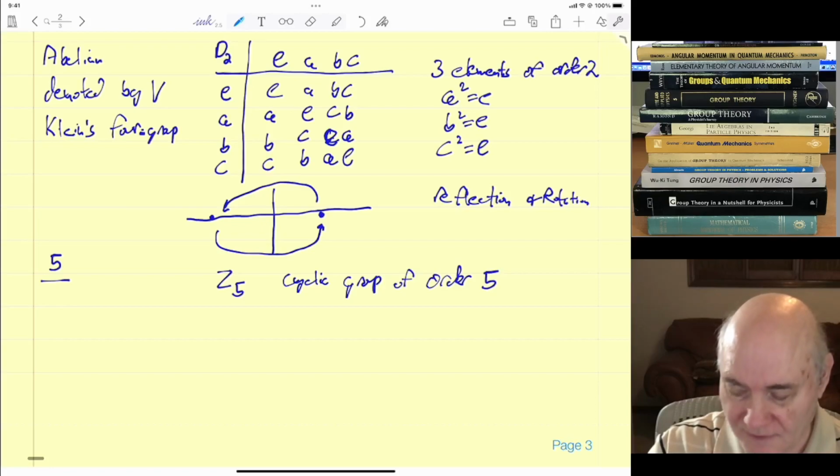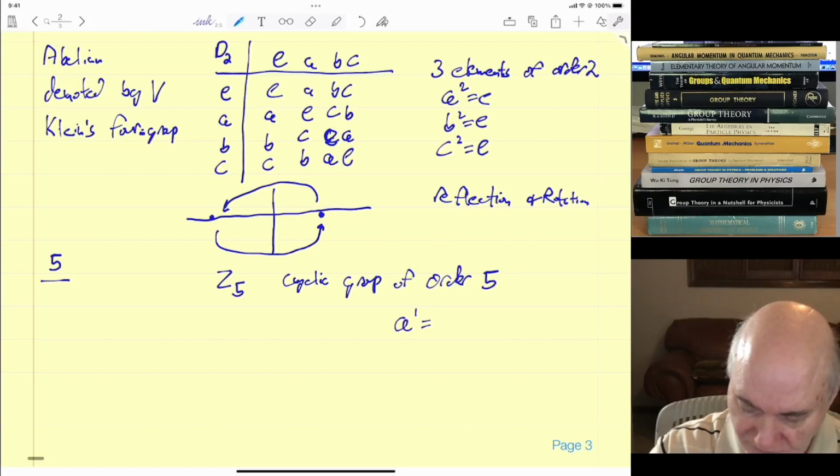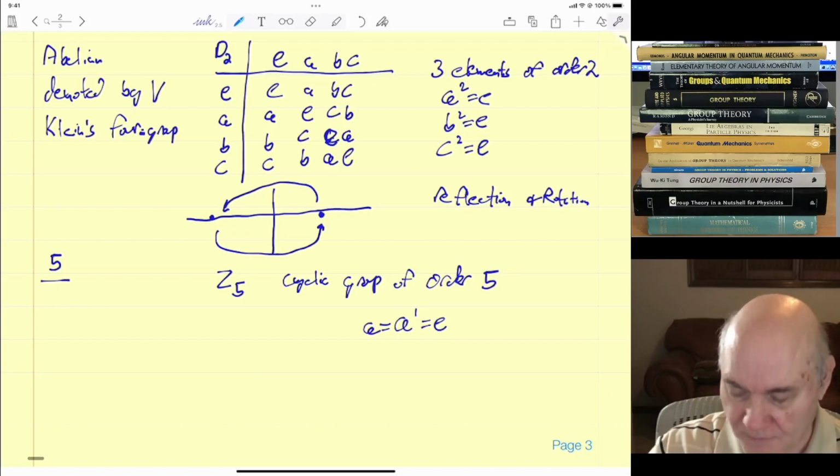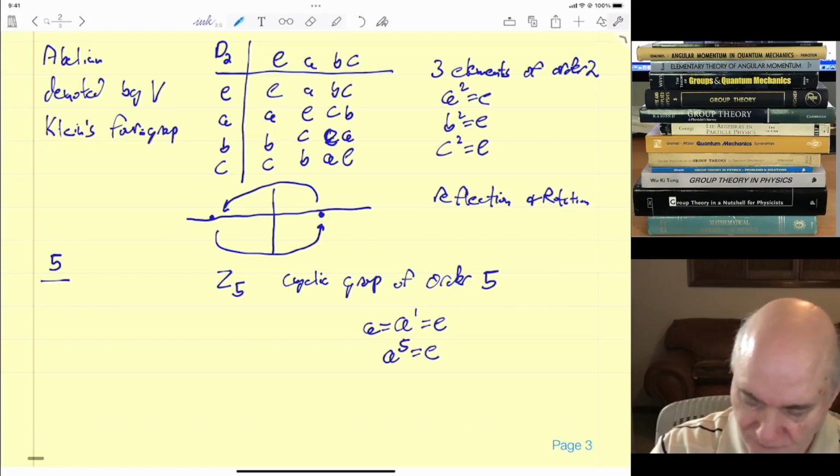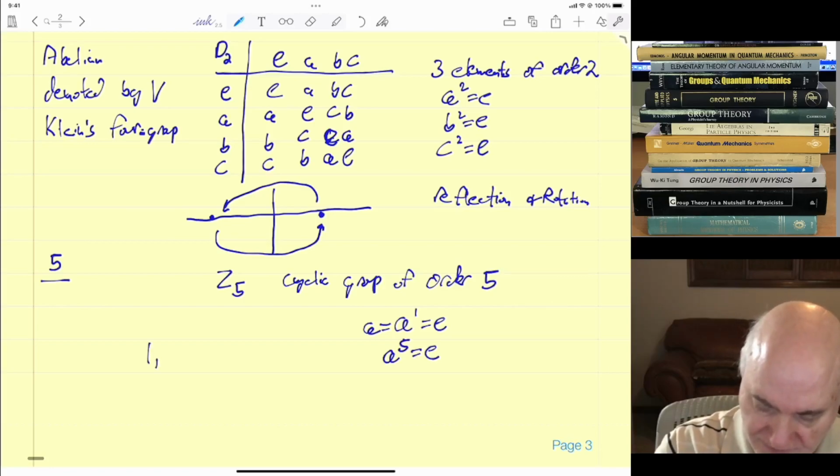So it could either be an element of order 1, and there's only one element of order 1, because that means a to the 1 equals e. So there's one element of order 1 in every group. That's the identity element. And then all the other elements would have to be of order 5. So we have a to the 5 equals e, and our group then becomes e, a, a squared, a cubed, a to the 4th.